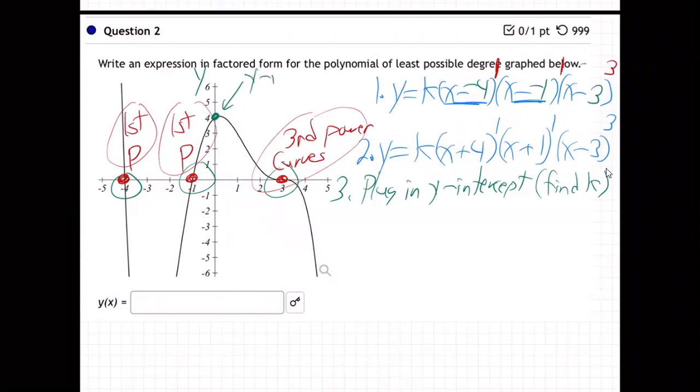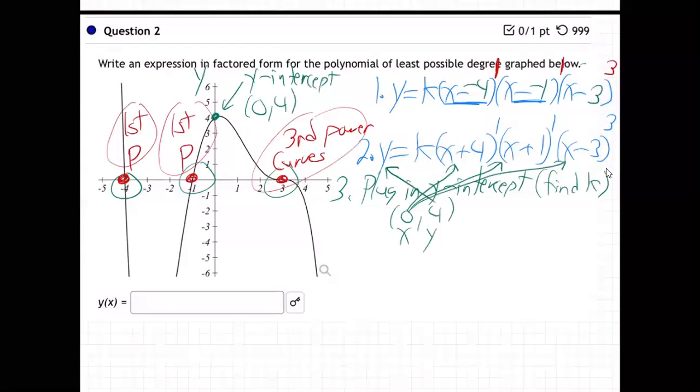This is the y-intercept, which is what coordinates? Over 0, up 4. That's the x, that's the y. Plug in the 4 for our y value.